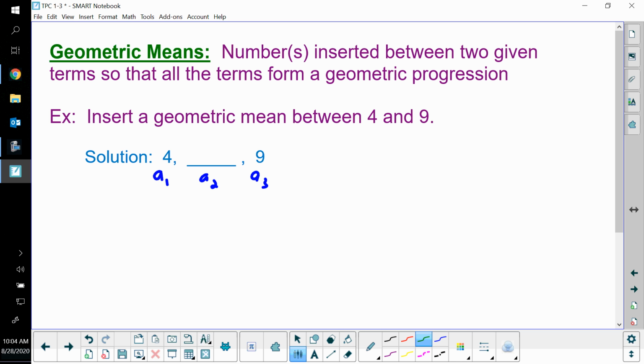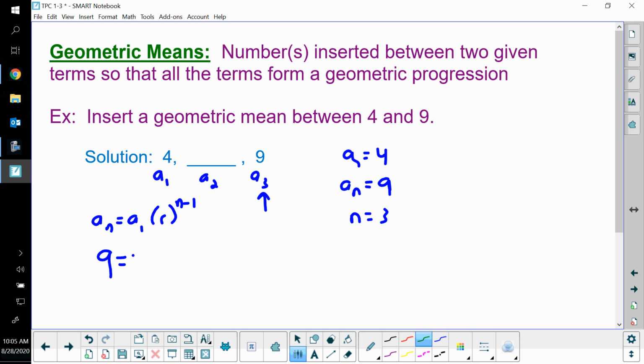We know our A1 is 4, and then we get two pieces of information from that last term. The AN is 9, and the N, the spot number, is 3. So we can now use our geometric sequence formula, filling in our AN of 9, our A1 of 4, and we'll have 3 minus 1.